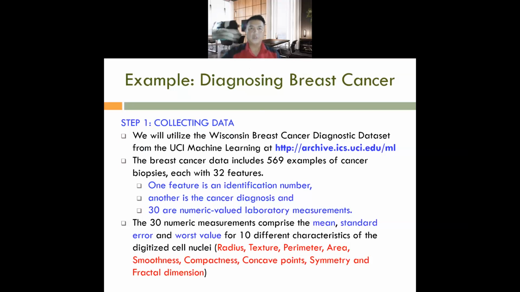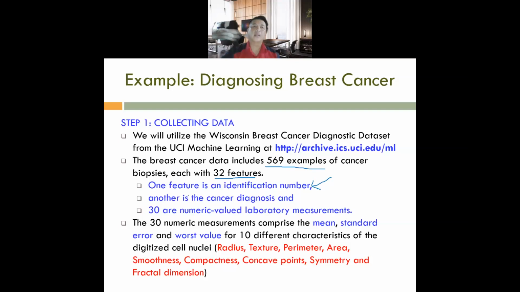Let me show you a simple practical exercise. This data is collected from the Wisconsin Breast Cancer Diagnostic Dataset. They have 569 examples and 32 features. One feature is the identification number, so we don't need this one.